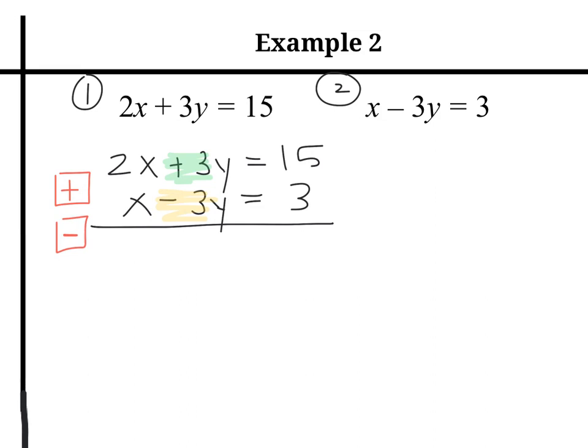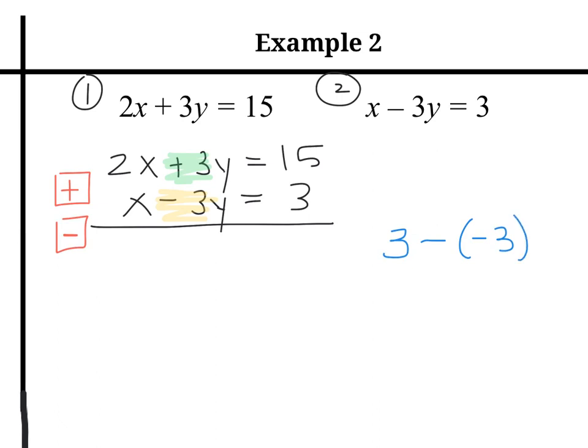So we just kind of have to play around with the numbers and do a little bit of mental math and figure out which operation is going to give us an answer of 0. So I'm just going to do some math on the side here. What if we tried subtraction? So we used subtraction in the first example. So let's try subtraction again and see if it works out for us. So we have a positive 3 in the first equation minus a negative 3 in the second equation.